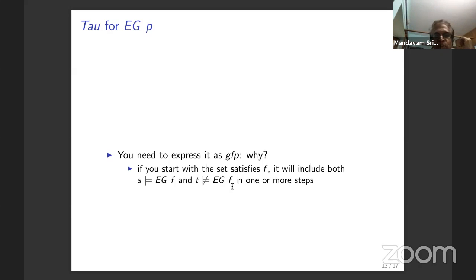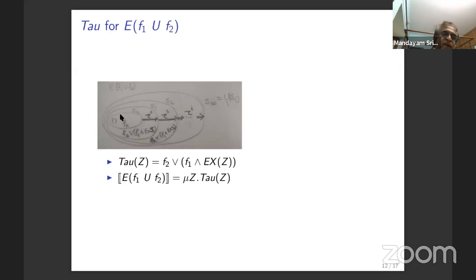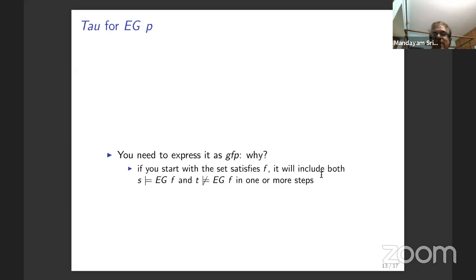One intuitive thing is if you start with this F, the set of states satisfying F, that will have both states that satisfy EG of F and also states that don't satisfy EG of F in one or more steps, correct?